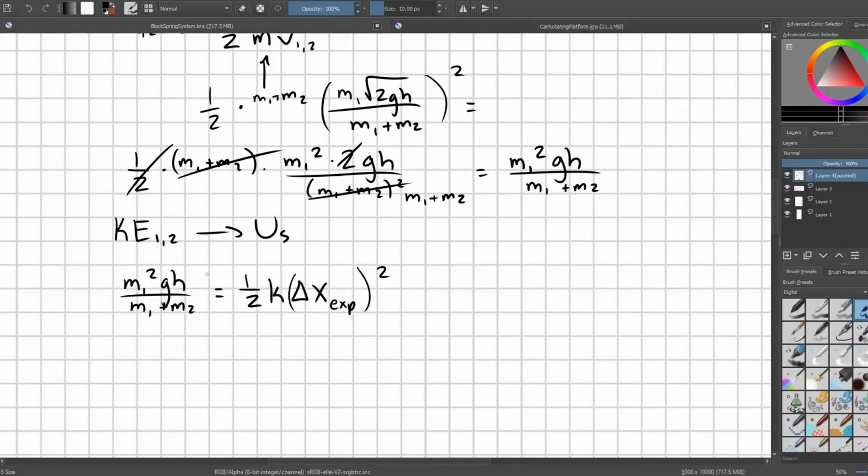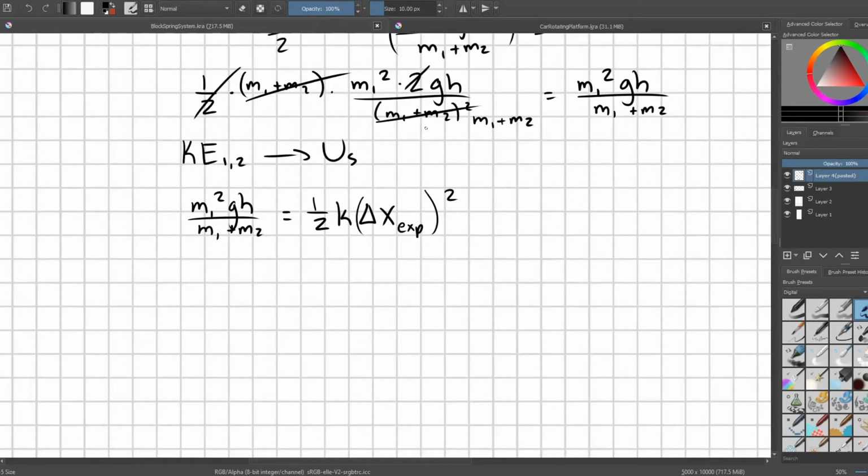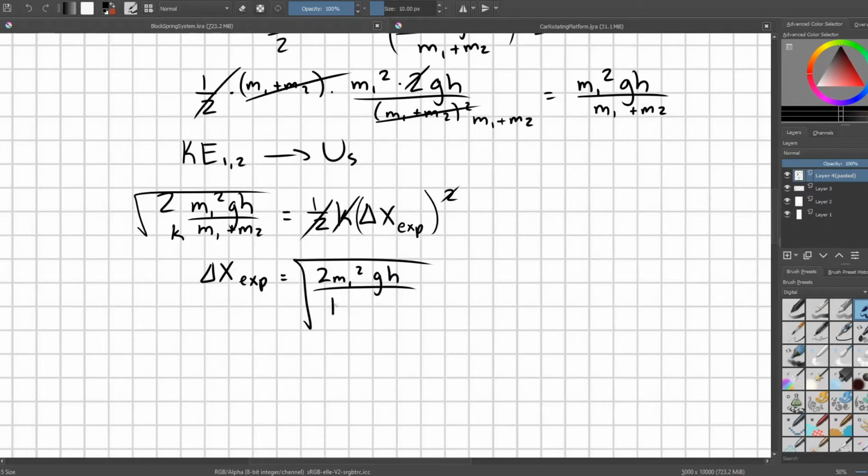So all we need to do for this is just some very quick moving things around. We can move this k over, we can take a square root. So our delta x expected equals the square root of 2 m1 squared gh over k times m1 plus m2.